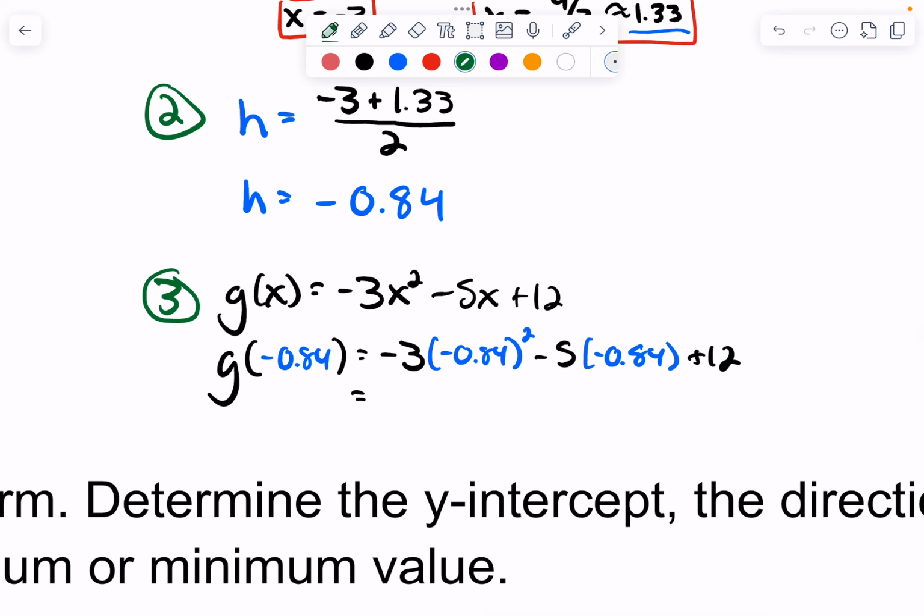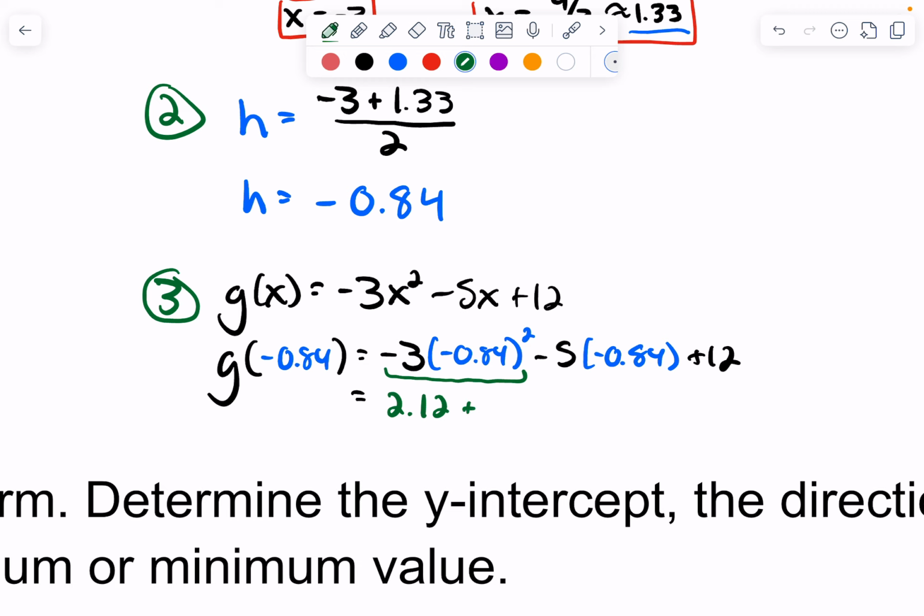So let's simplify this right here. So negative 0.84, square that, times that by 3. So roughly 2.11 or 12. And then you'll do negative 5 times negative 0.84.